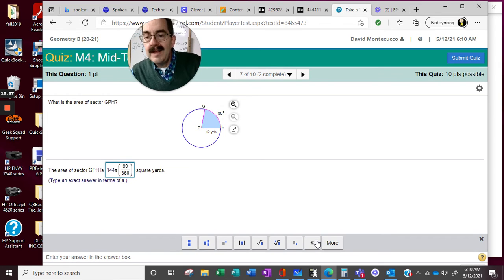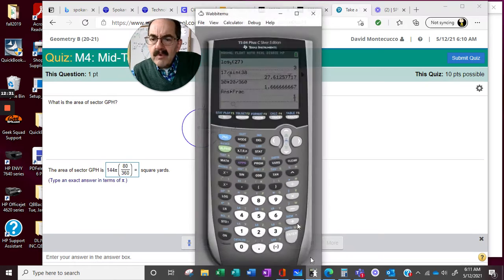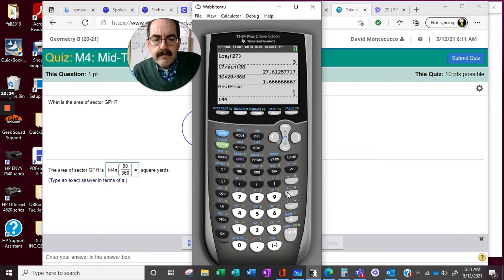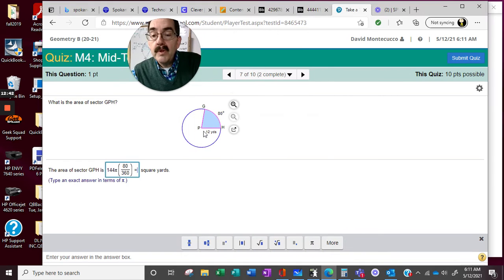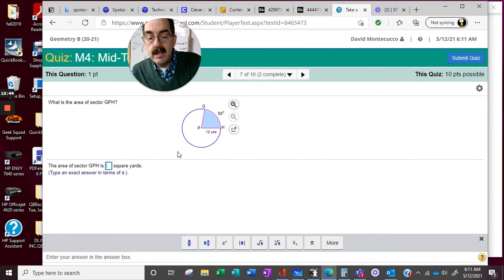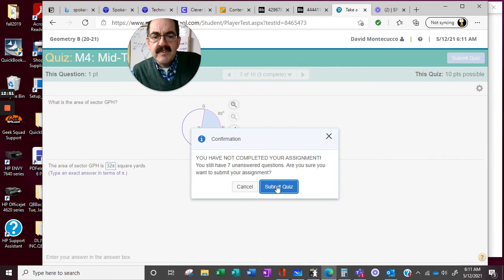Okay, and I'm just going to go equals, and then I'm going to grab a calculator. 144 times 80 divided by 360. 32. Cool. 32 pi. Well, let's just do that. 32 pi. And we'll hit submit, and we'll check question 7 to see if we got it right.